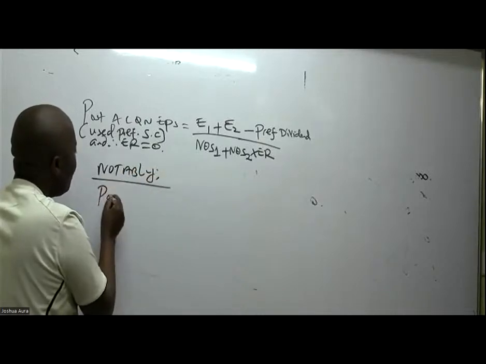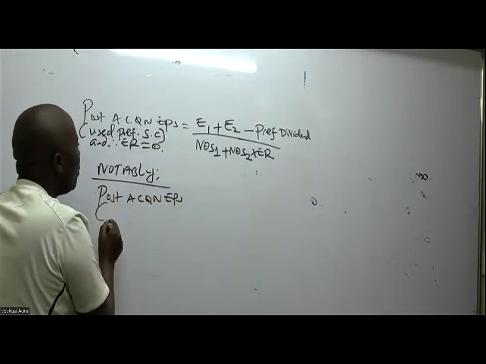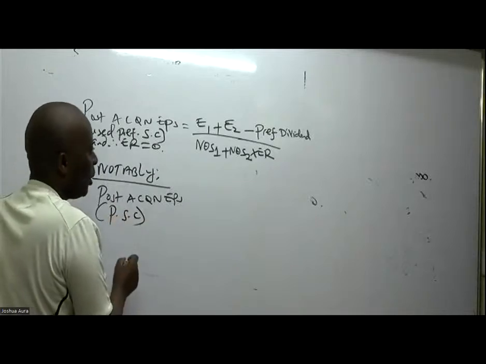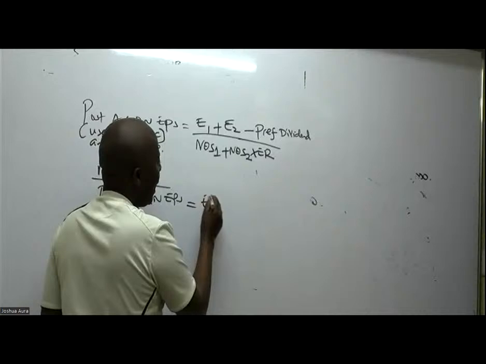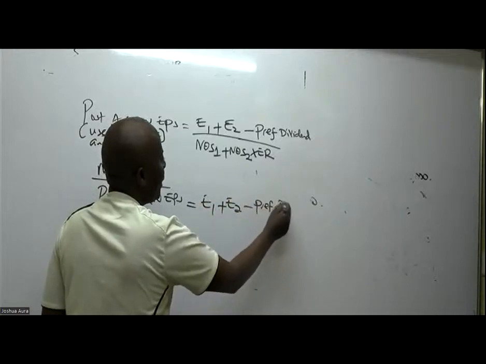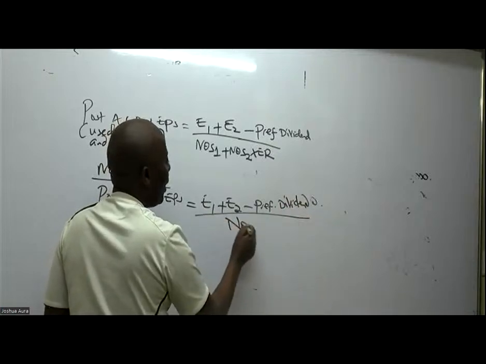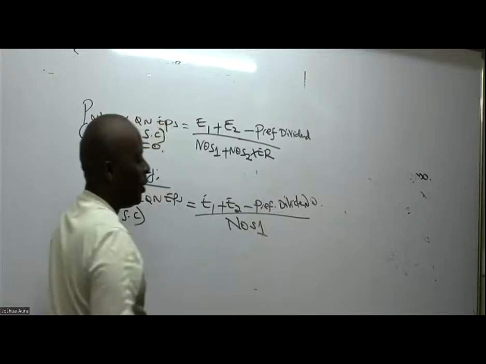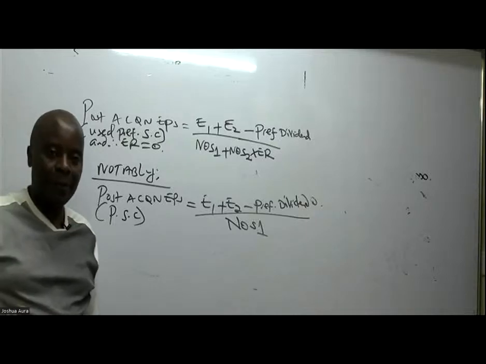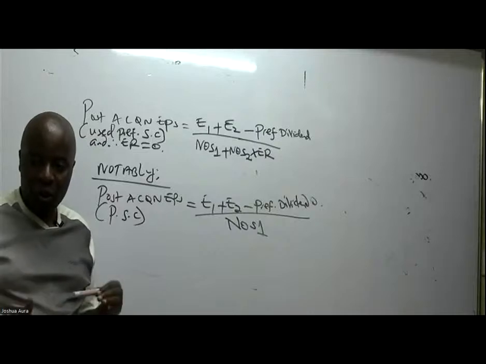Our post-acquisition EPS, where we are using preference share capital, will look like this: earnings of company 1 plus earnings of company 2 minus preference dividend, all over number of ordinary shares of the first company. Remember, the first company is the predator company, the one that is swallowing the other.